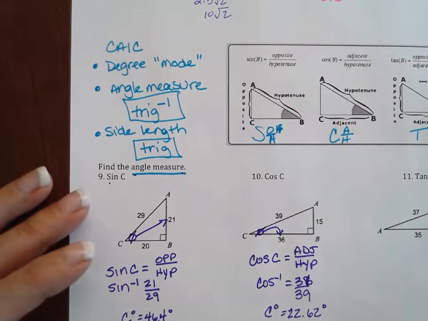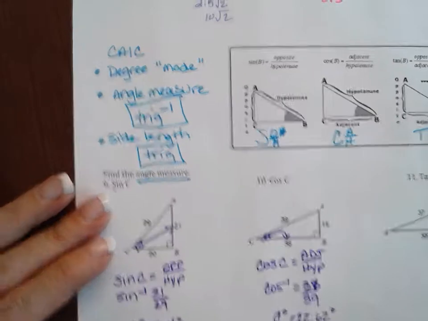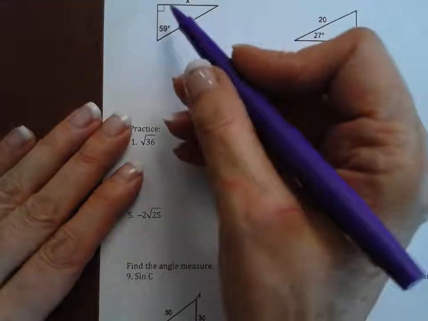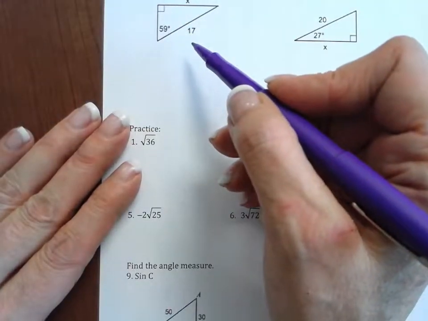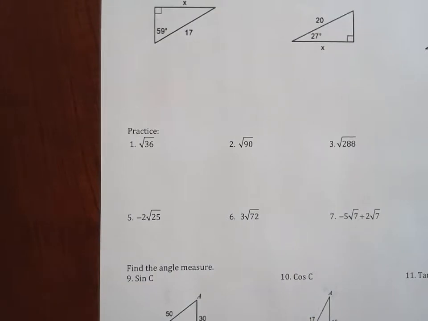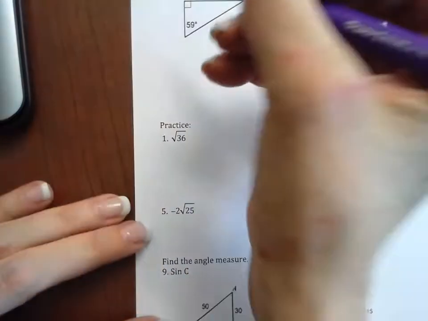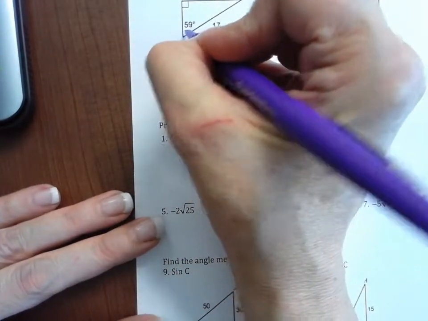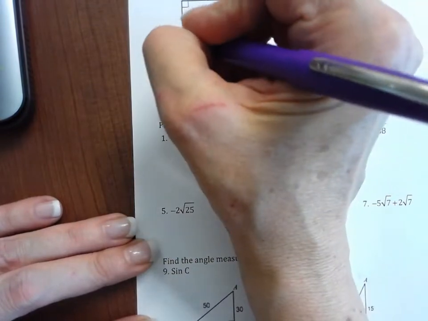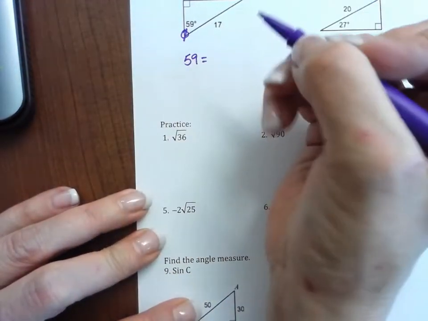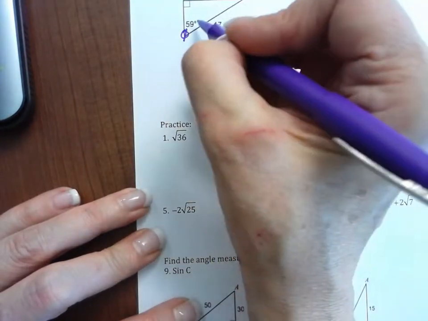Feel good about these? Yeah? Okay. Then, if you're finding the missing side, this is the one where you're going to use the regular button. But you need to set up that side. If my theta is 59, what do I know?